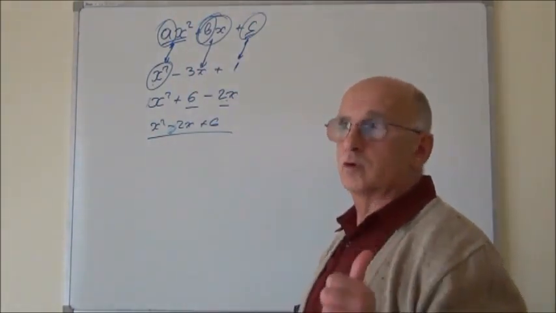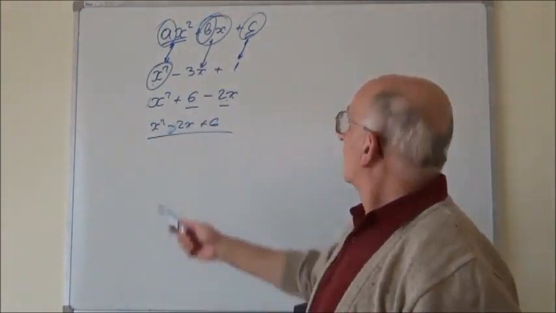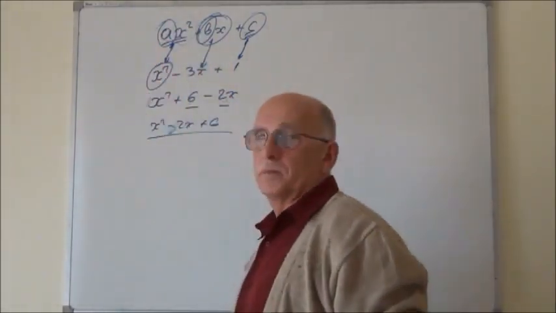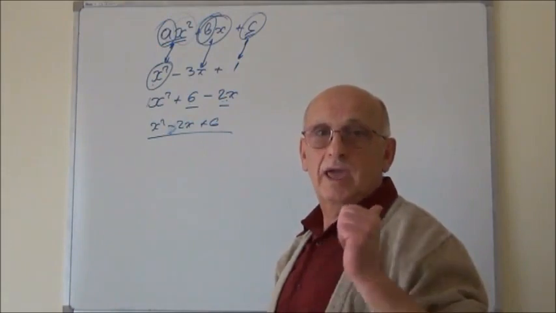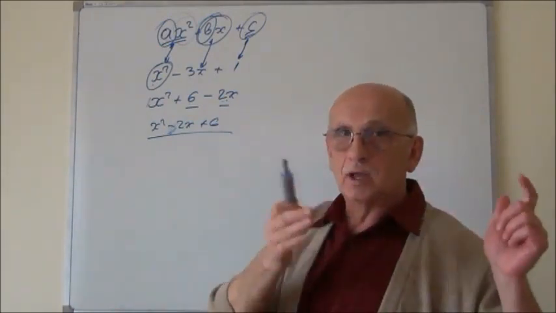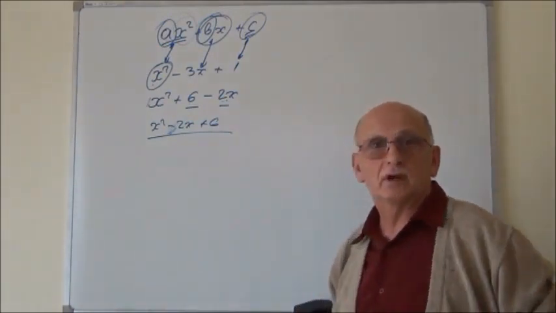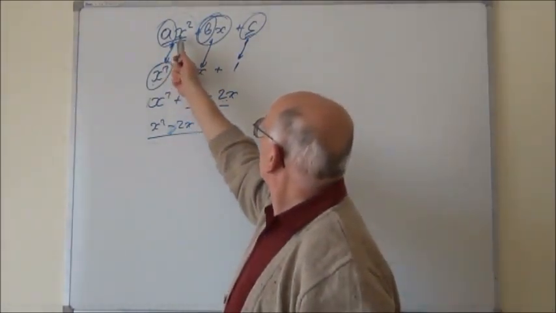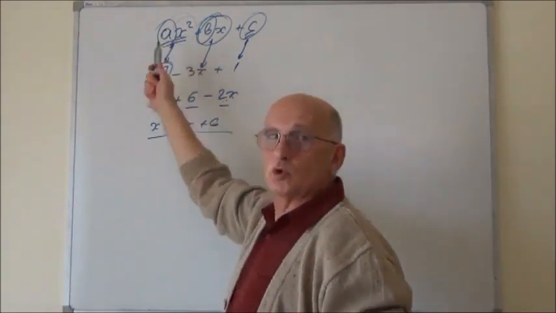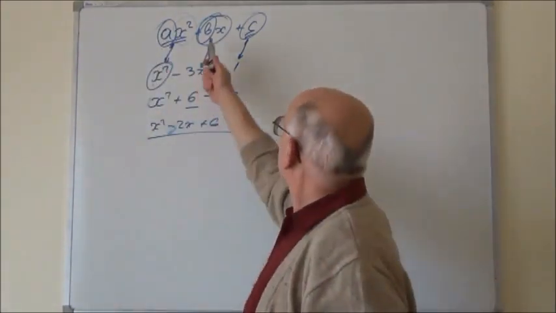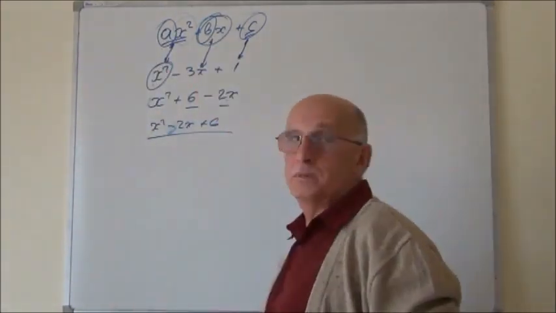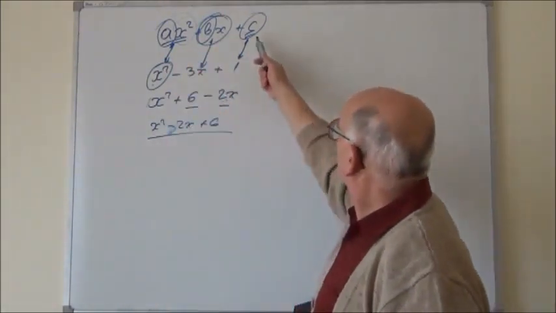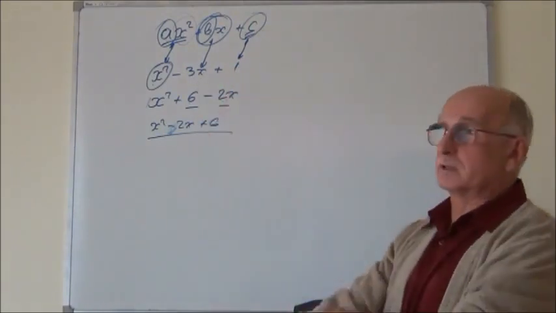And remember, for a quadratic expression, the coefficient of x to the power 2 is always a, because later on there will be a few formulas that we will learn, and in those formulas the coefficient of x power 2 is always a. The coefficient of x to the power 1 is b, and the constant is always marked with c.